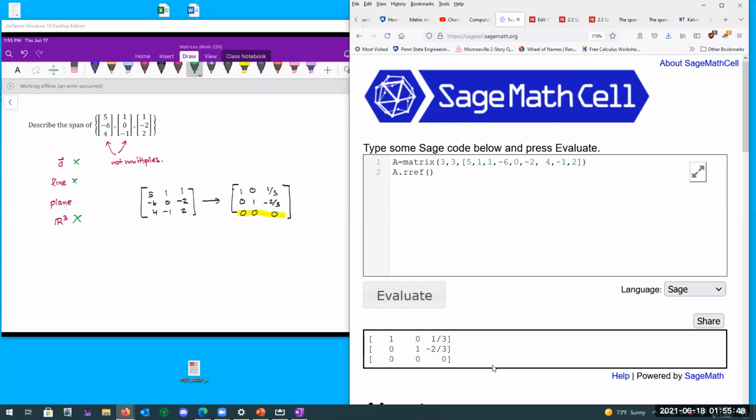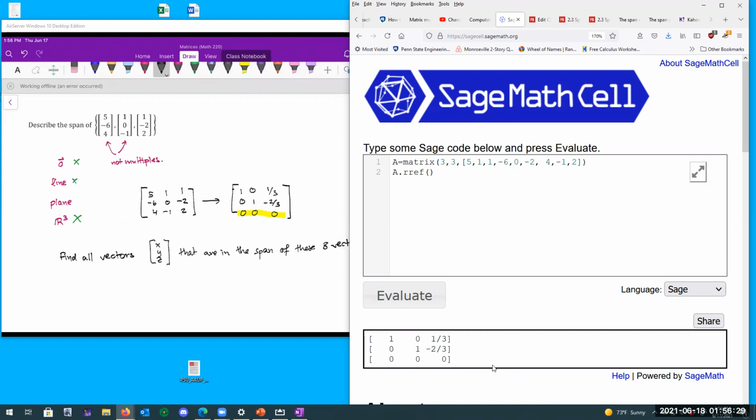One way we can express this plane is by actually trying to write down the set of all solutions. So let's find all vectors x, y, z that are in the span of these three vectors.